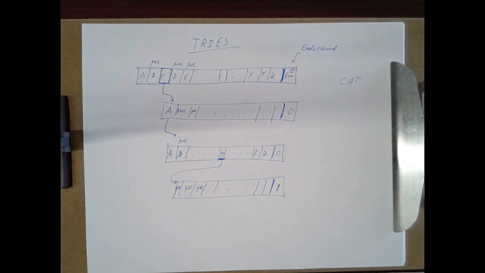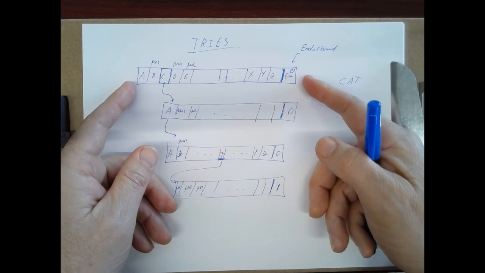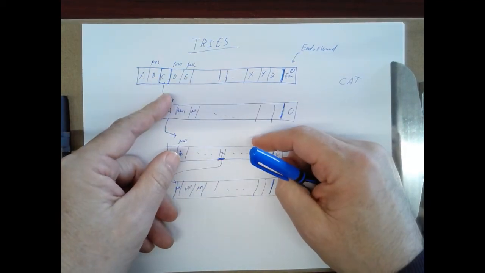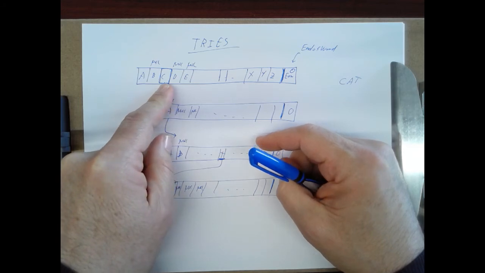Okay, so what does this represent? We start with our first node. If there's a field which is not null, it means that there's a word starting with that letter.